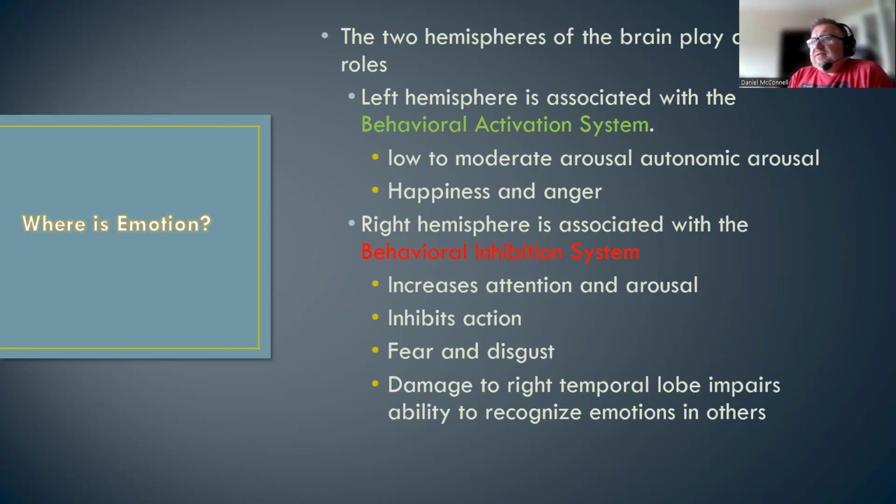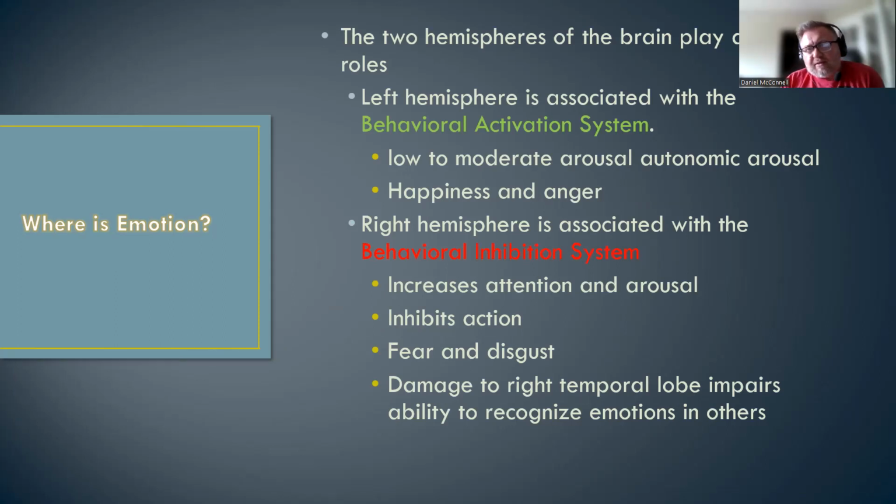Let's talk some about what else is going on in the brain here. Another way to think about emotion from a functional perspective, and also maybe work in a little bit of this approach and avoidance concept, is to view emotion in terms of these behavioral systems.